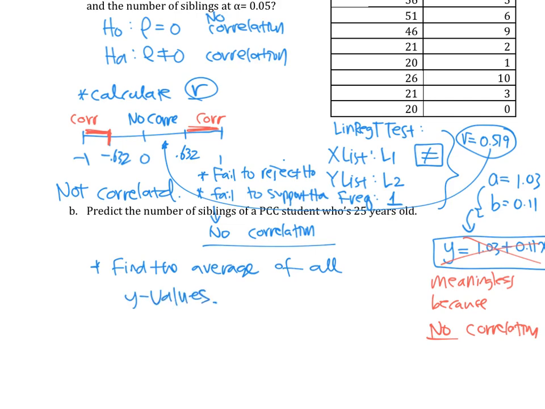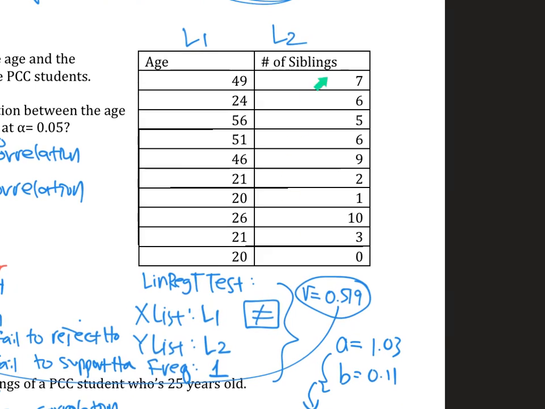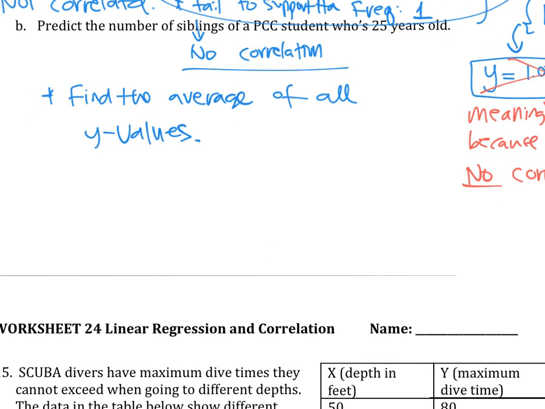Let's look at the data again. I have the number of siblings here, right? So I'm going to average these. Fortunately, we already input this into L2. So I can go to Calculate, 1-Var Statistics, and L2. That'll get you the average.